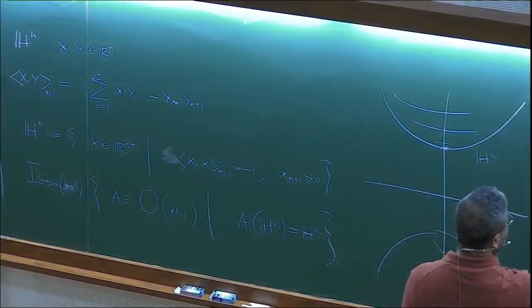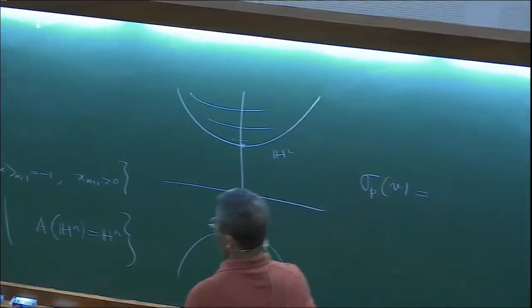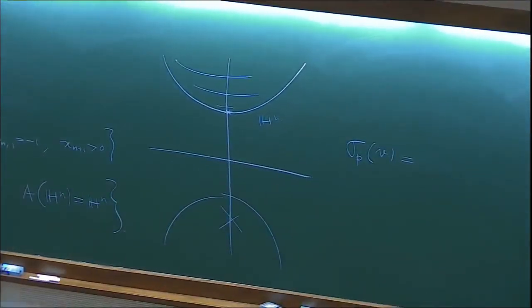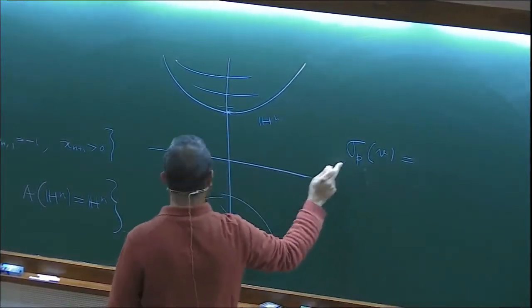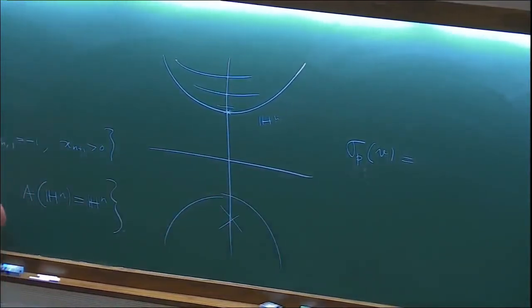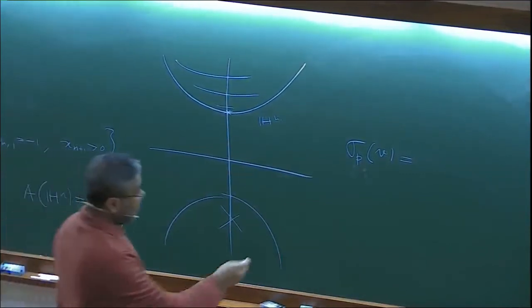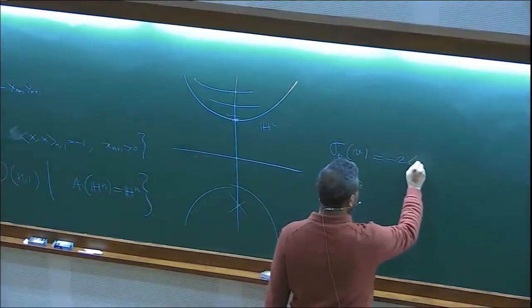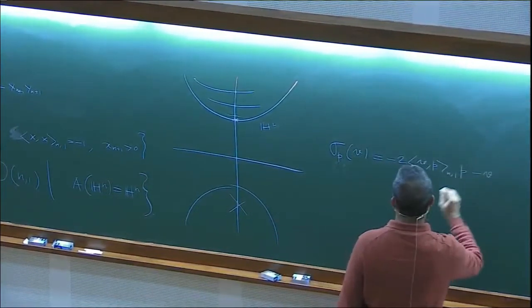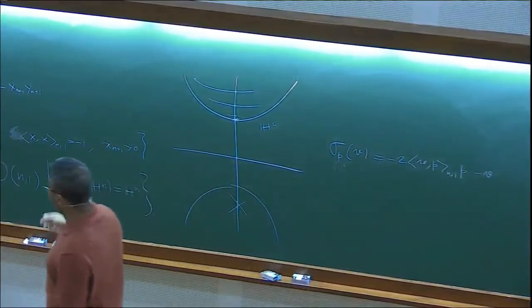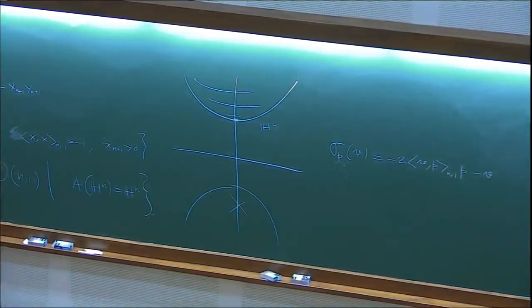You can check that I am again going to give a reflection element here, and this needs a little bit of checking, which you can do, that this is an element which keeps the form invariant, which I'm going to write now: 2 times the form of V and P, times P, minus V. You can check by direct calculation that this keeps the form invariant and this does the job.